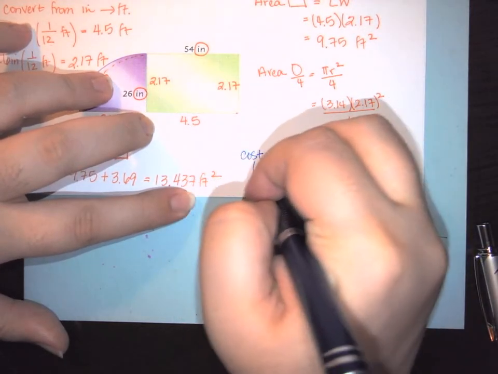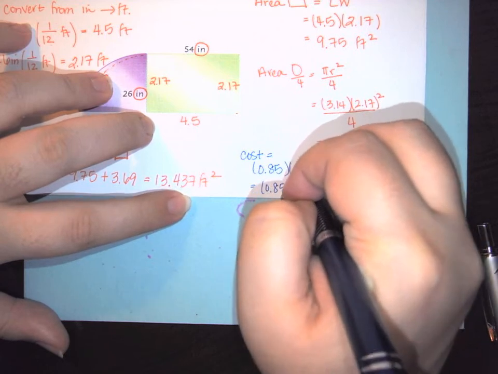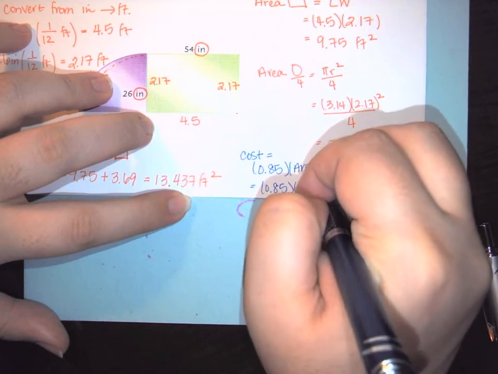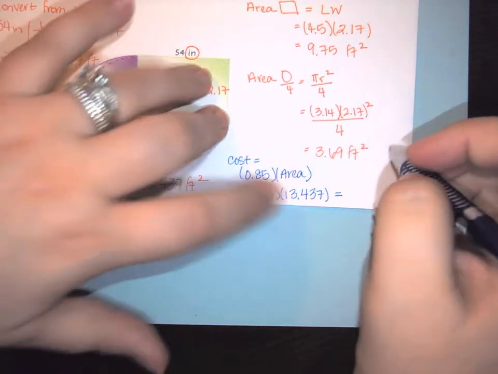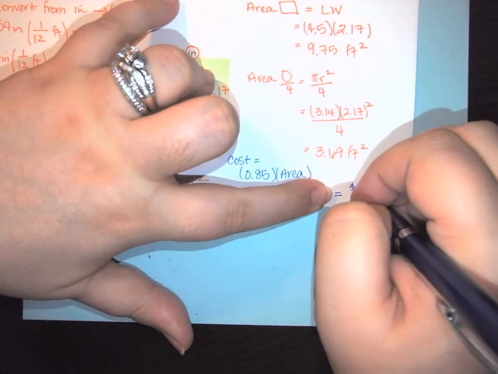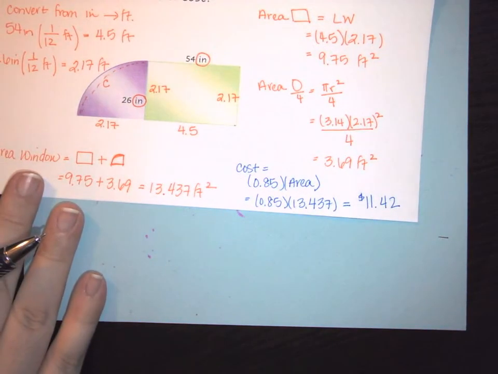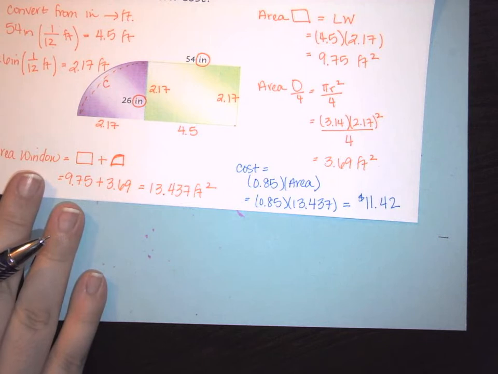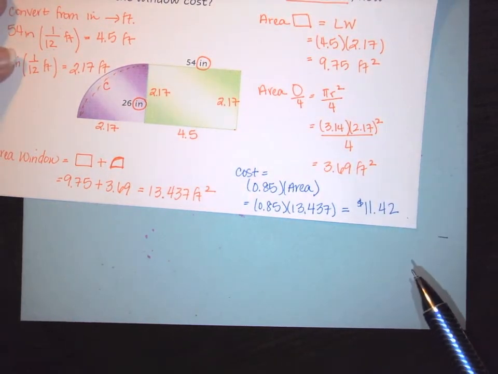So in this case, we're going to take 0.85, multiply that by the 13.437, and that is going to give us a cost of $11.42. Now remember, when dealing with money, you always want to round to the nearest cent. Okay, so 11.42.